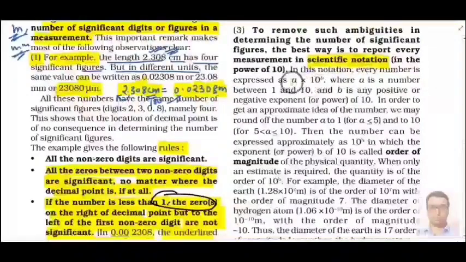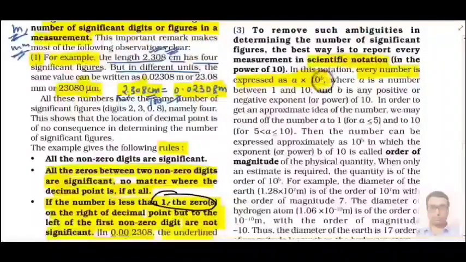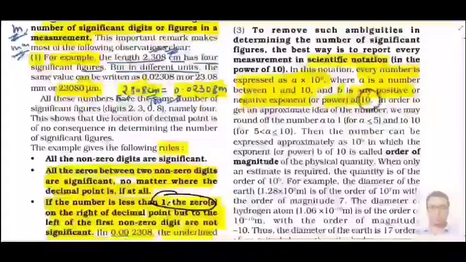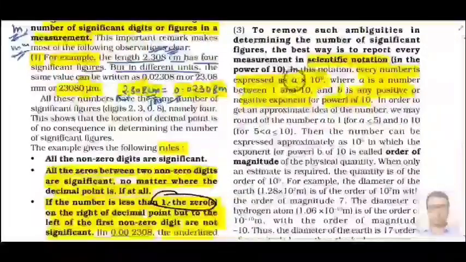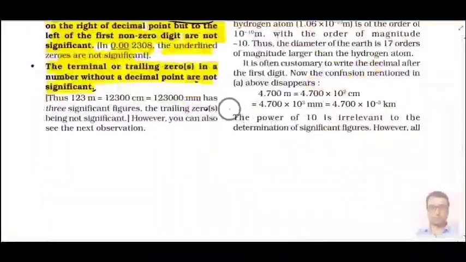For example, we are saying that every number can be expressed as a into 10 raised to the power b, where a is a number between 1 and 10, and b is any positive or negative exponent or power of 10. Like a will be 1 to 10 and b will be either positive or negative.